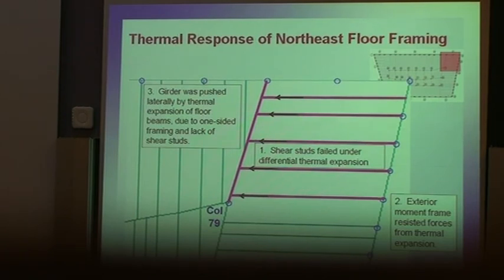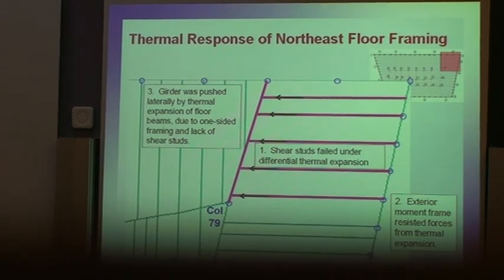When these beams want to thermally expand, this side is rigid, so they expand and push against this large girder. As a result, the girder was pushed laterally by thermal expansion of these floor beams due to one-sided framing. We call this asymmetric framing, and we believe that this was a large contributor to this collapse. This girder here just has beams from one side. There is only this minor beam here, but it has only framing coming from this side, so these beams can push the girder laterally, and this girder can move with it.